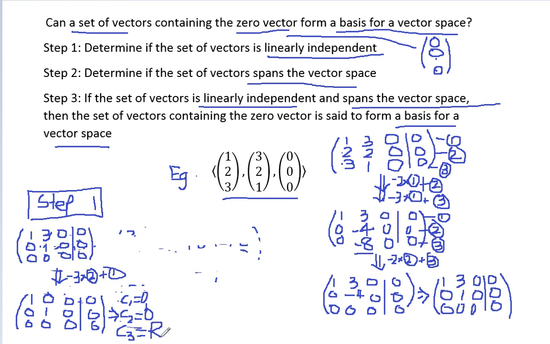So we put it in this form. We can say the system has infinitely many solutions, and from here we can see that the relationship among these three vectors is therefore, from these C values, not a trivial one.